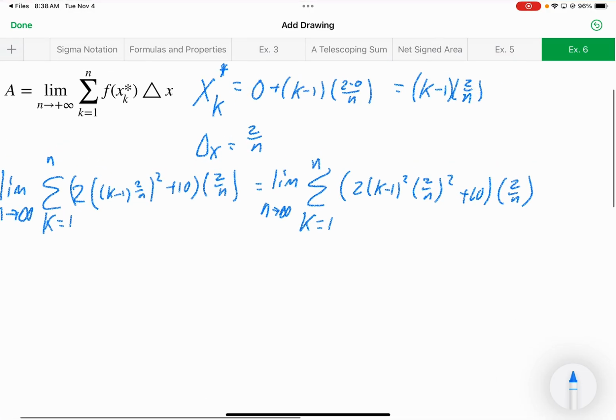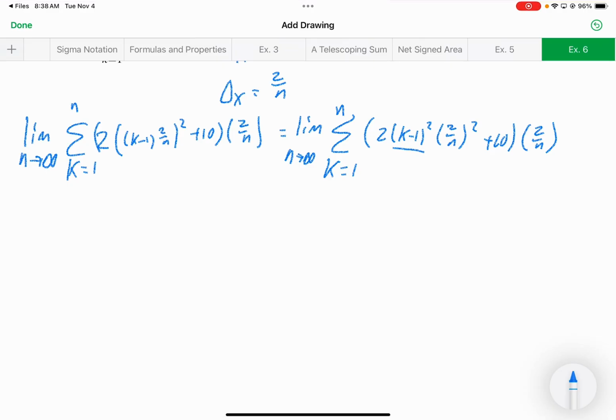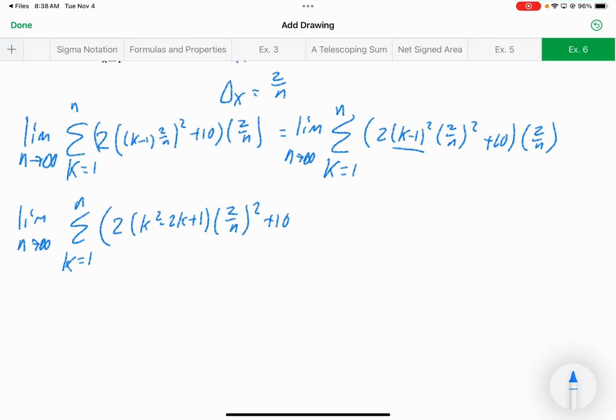Okay, so then let's square out k minus 1. We get 2 times k squared minus 2k plus 1, still times 2 over n quantity squared, plus 10 times 2 over n. Each one of those terms is going to get a 2 over n squared on it.